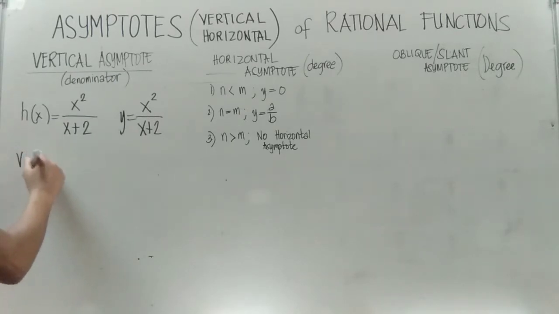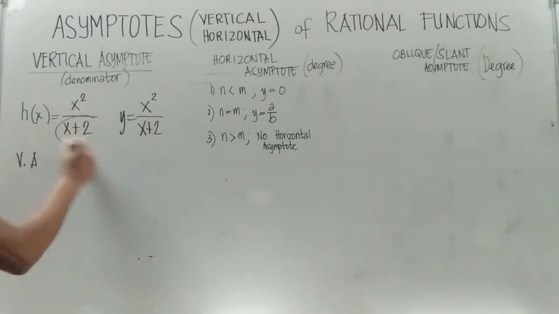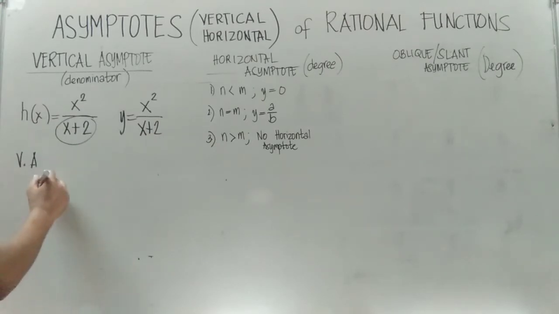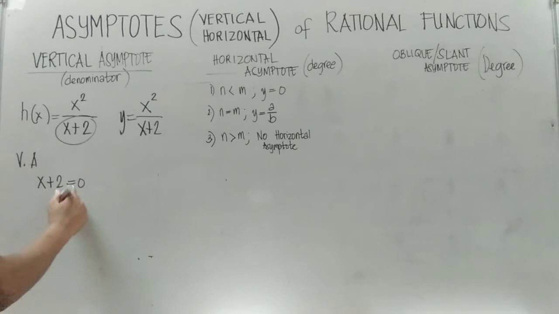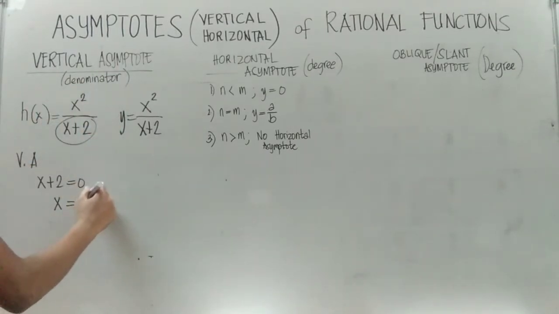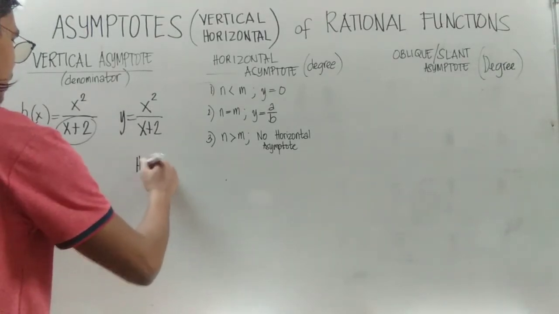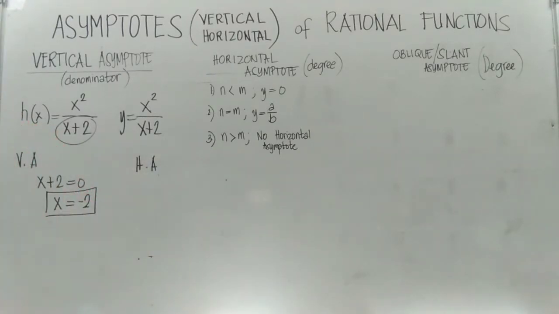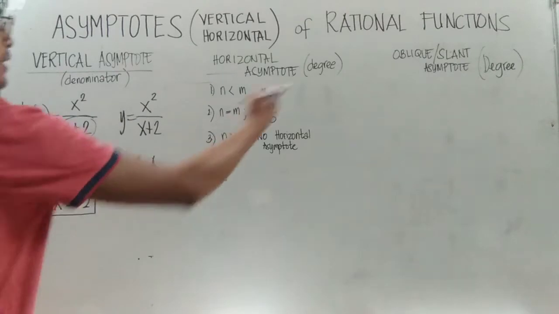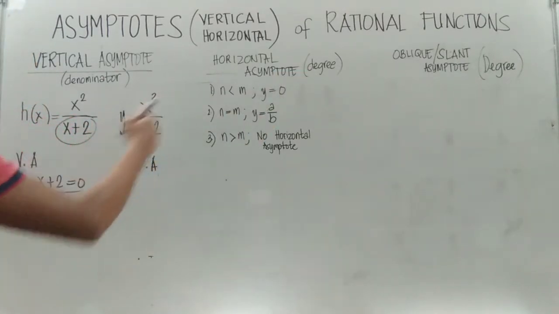For the vertical asymptote, focus on your denominator. So we have x plus 2. Equate it to 0 and solve for x. Then the equation of your vertical asymptote is x equal to negative 2. Simple. Now let us proceed to your horizontal asymptote. Let us compare the degree of the numerator and the denominator.